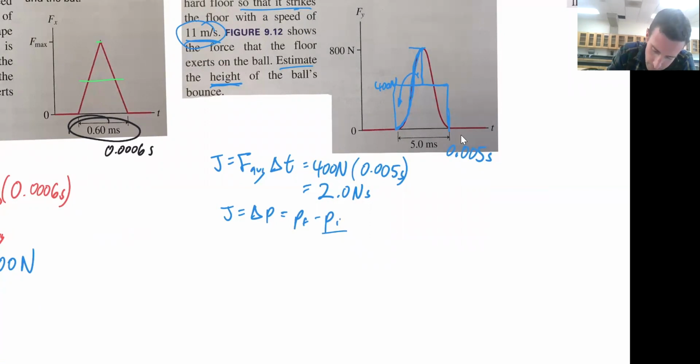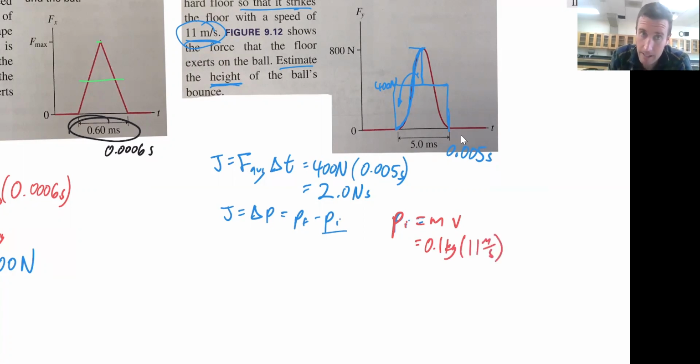So initial momentum, I'll do this in a different color so we can keep track. My initial momentum is equal to the mass times the velocity, which is equal to 0.1 kilograms times the initial velocity of 11 meters per second, right?